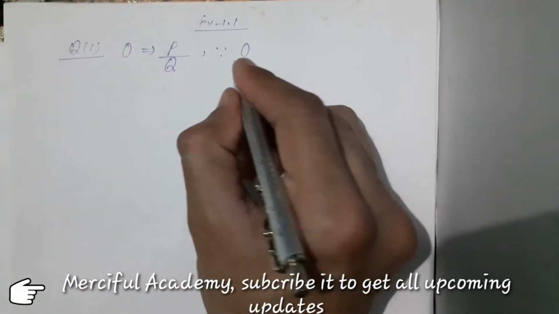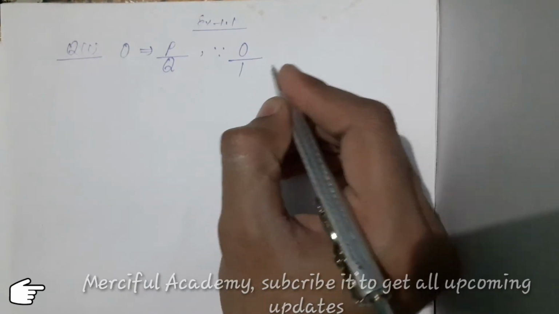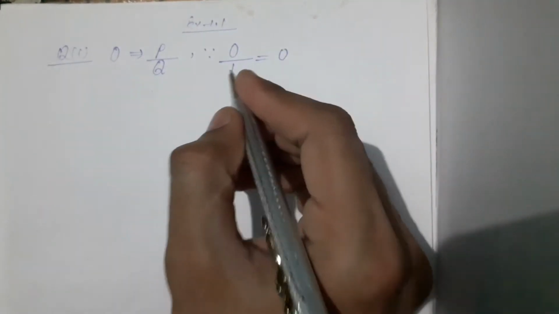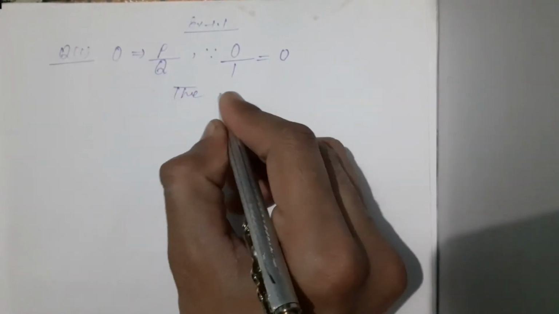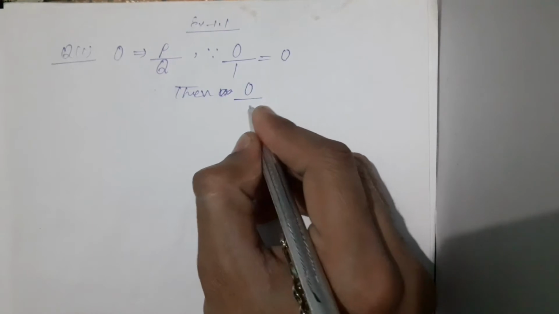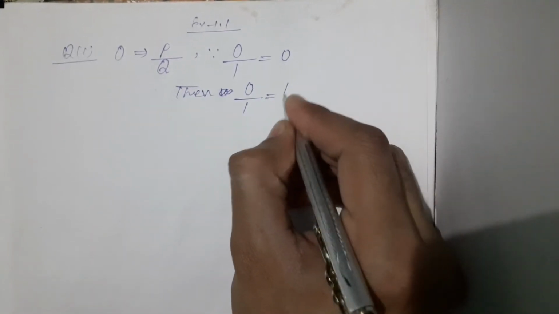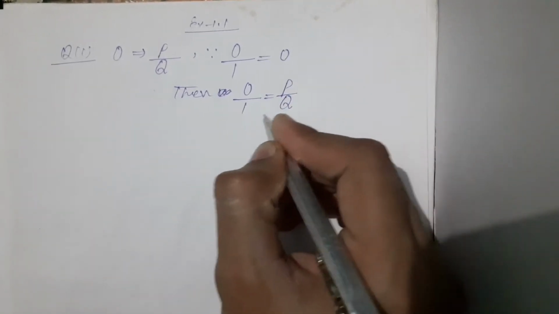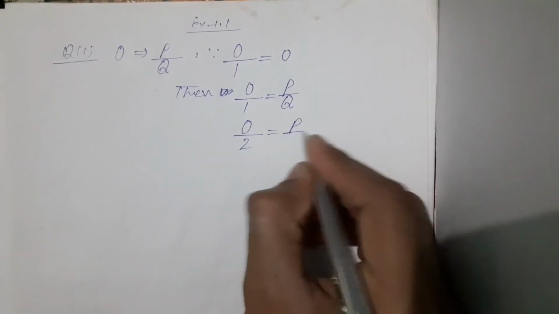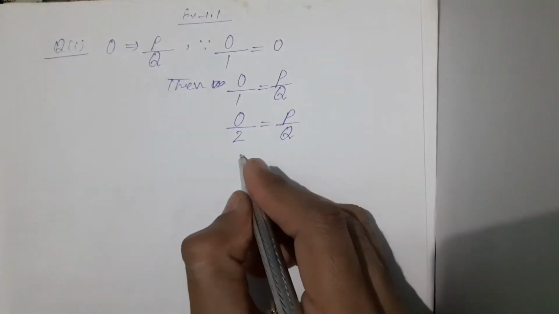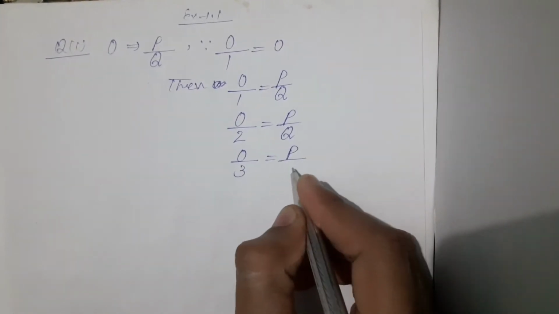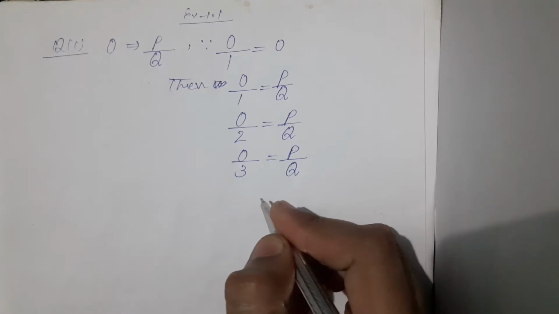We know that if we divide 0 by any number, it will always give us 0. Then we can write 0 upon 1, which is in the form of p upon q, 0 upon 2, which is also in the form of p upon q, and 0 upon 3, which is in the form of p upon q.